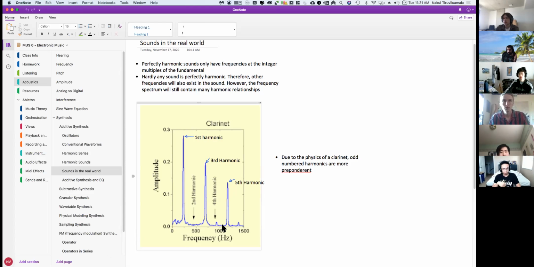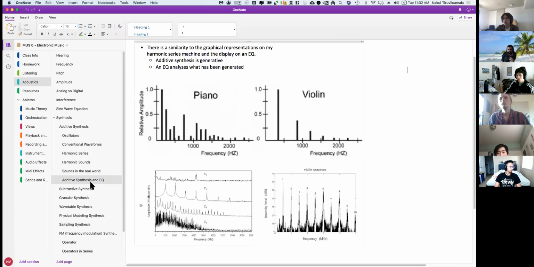However, using a computer, you can approximate the sound of a clarinet by putting this kind of shape into Operator. That's one of the reasons why, when you think, oh, I followed this formula, why doesn't my algorithmic piano sound exactly like a real piano sound? One reason is because in reality, the piano isn't perfectly harmonic in nature.